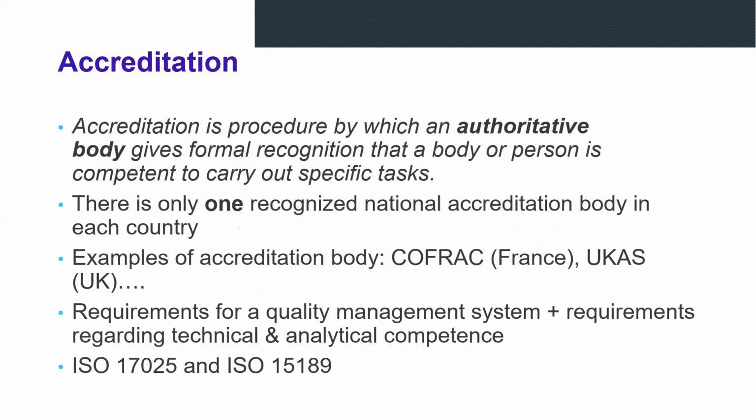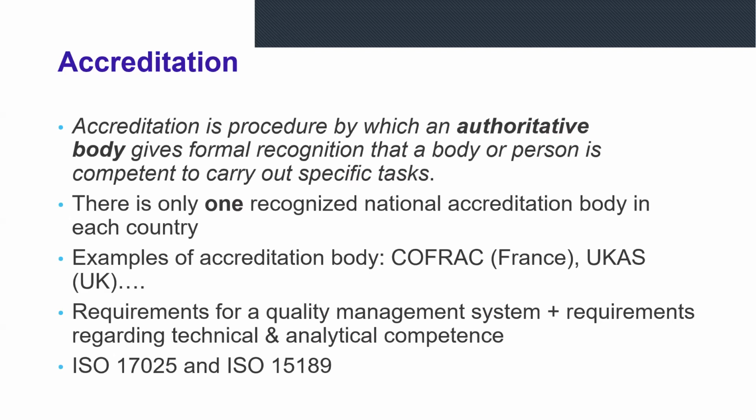Now, the accreditation is a procedure by which an authority body gives formal recognition that a body or person or lab is competent to carry out specific tasks. There is only one recognized accreditation body in each country. Okay, so in France, we saw the certification bodies, the AFNOR and the BVQR, but then they only have one accreditation body, which is the COFRAC. Okay, and in the UK it is UKAS.